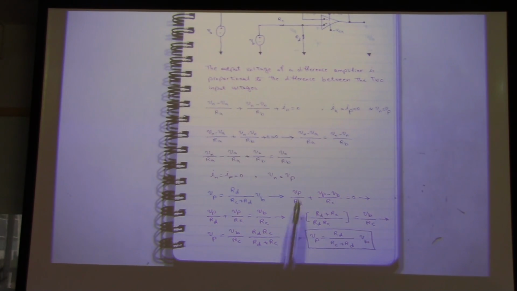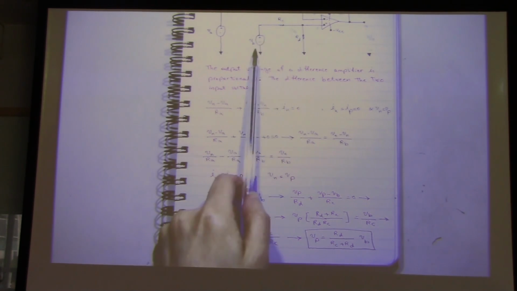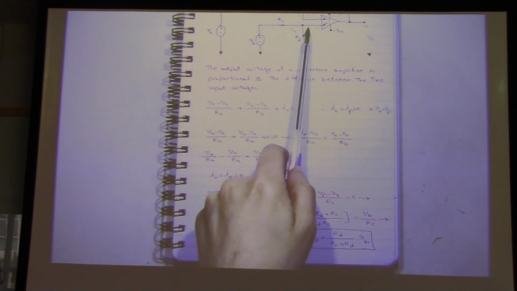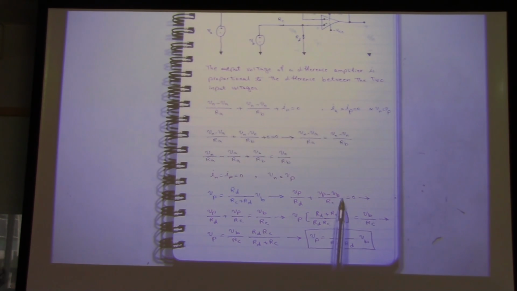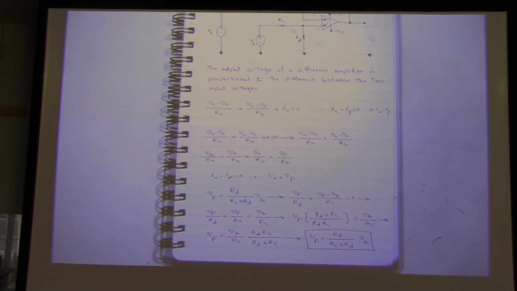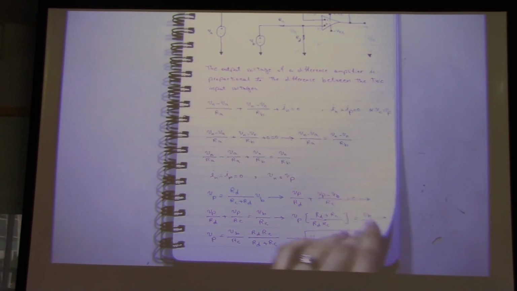I didn't put minus 0. And Vp minus Vb over Rc. Again, we have Ip, which is 0. So we get this one. Just rearrange this one. You have Vp as a function of Vb, which is this. Is that clear?